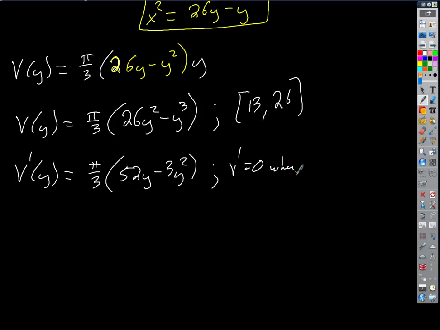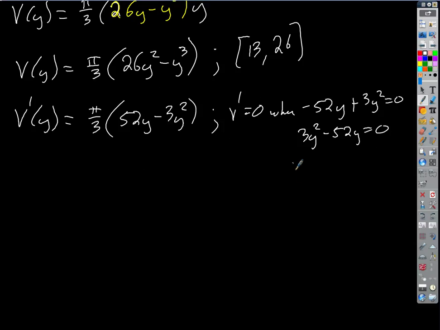So we could, why not multiply by -1 and flip that around, right? So we end up with 3y squared minus 52y equals 0. Just a little easier to think about.